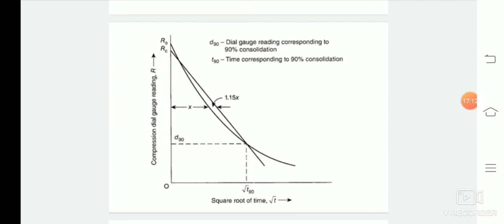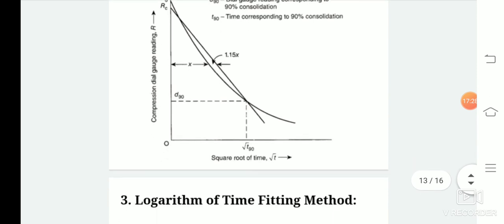D is the length of the drainage path, that is h by 2, where h is the average thickness of the soil specimen in the given stress increment. This method is mainly suitable for the soil that gives a consolidation curve with an initial straight line portion.